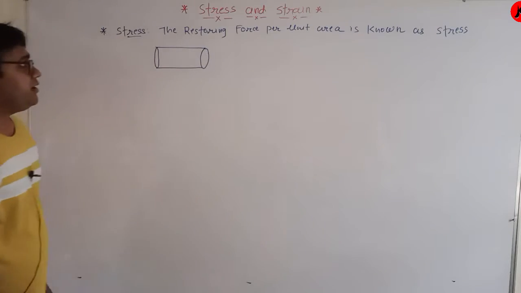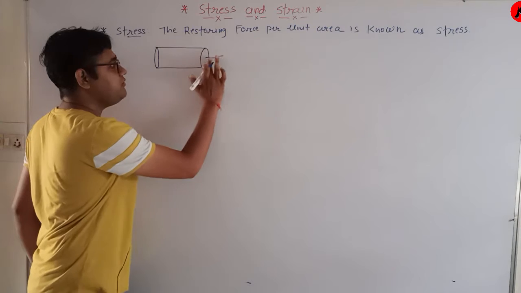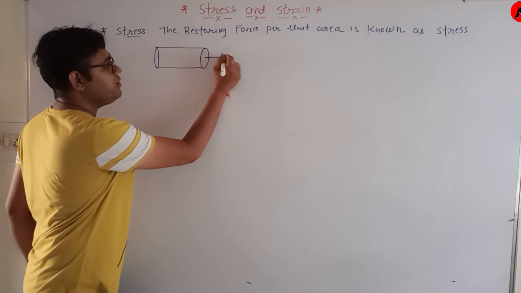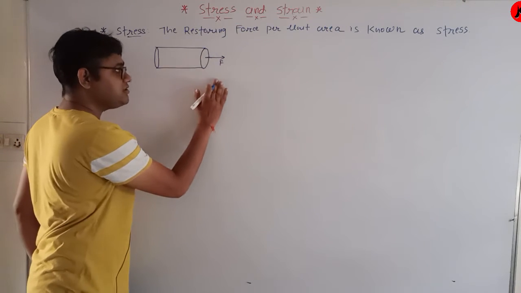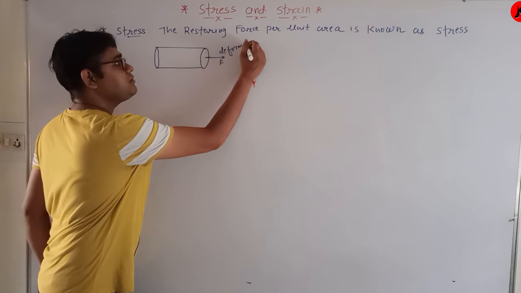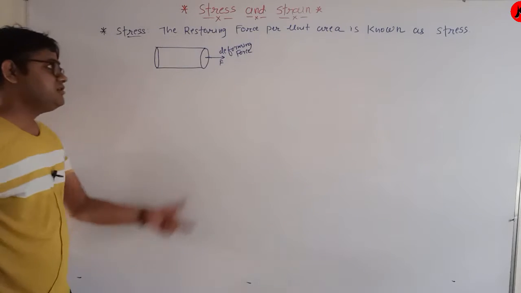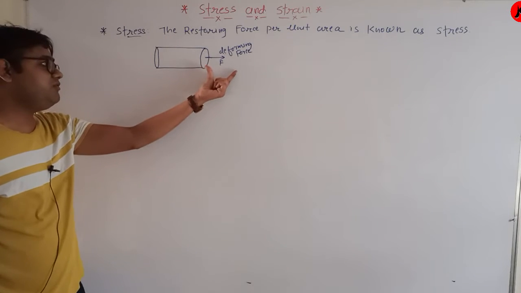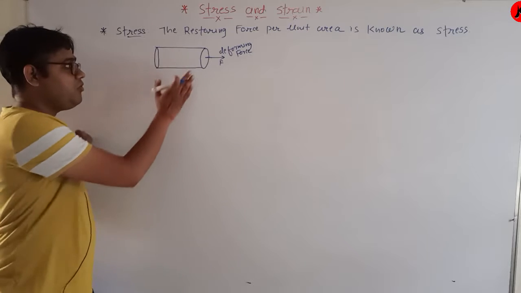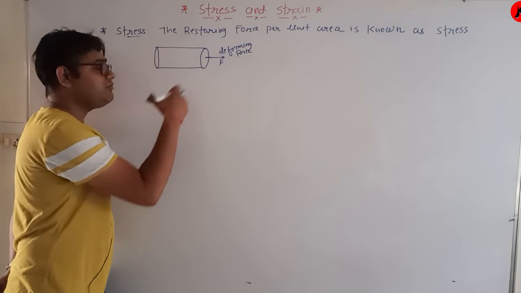Right? If we have applied the deforming force in this direction, F is deforming force, or you can say applied force, right? Suppose if I have applied deforming force in this direction, what will happen? This cylinder tries to be in equilibrium condition.